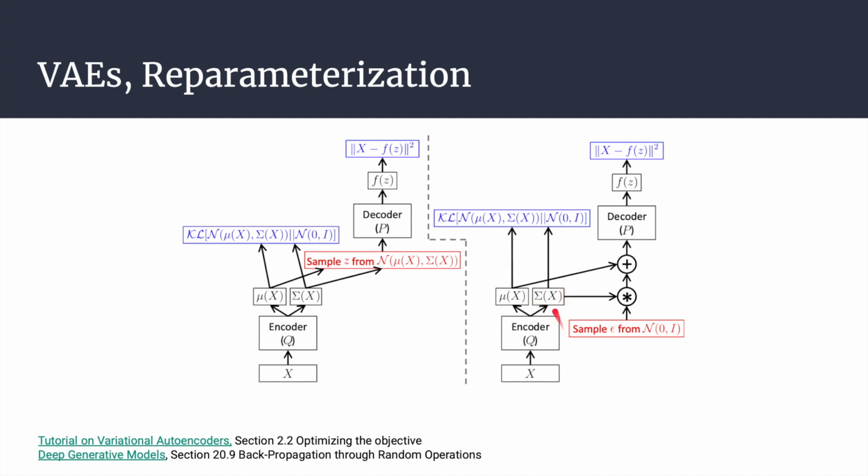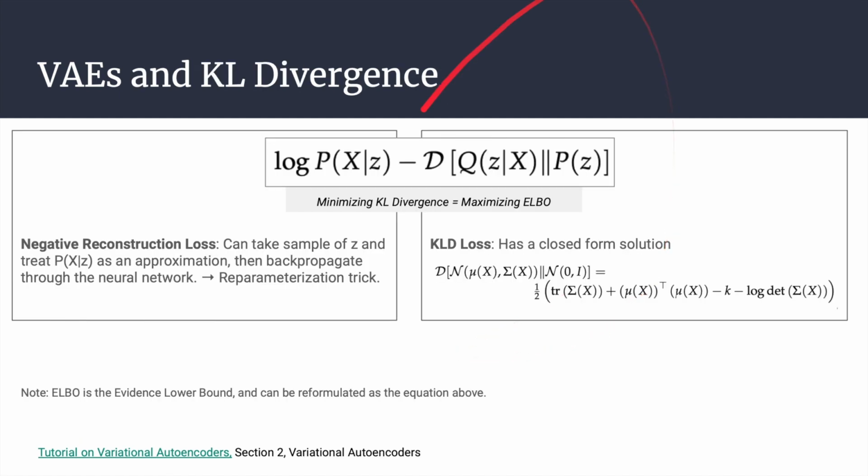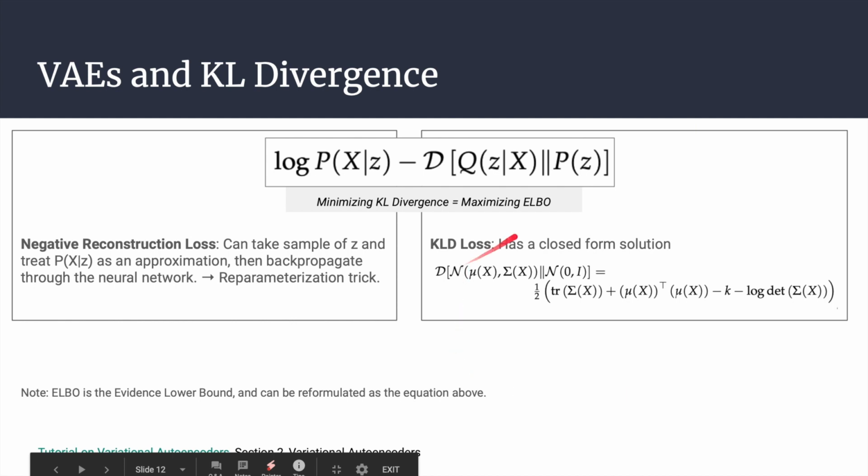These variances and means are also used in the KL divergence, where you're trying to... KL divergence is a check on how similar I think two probability distributions are. So it's trying to get the distributions to be as similar as possible.